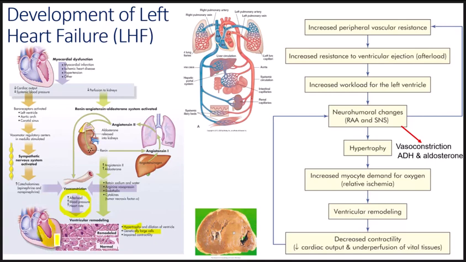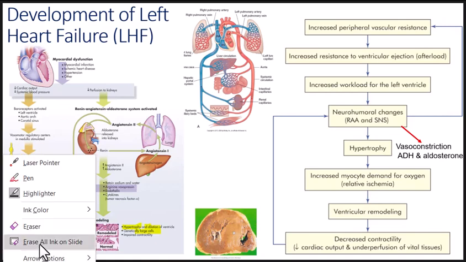And this is where, just like we saw with the right side of the heart, the muscle cells will become injured, they will thin out, and we'll see an enlarged chamber. And that's what we refer to as dilation. And the heart will not be able to effectively pump out blood into the systemic circulation to perfuse the tissues.